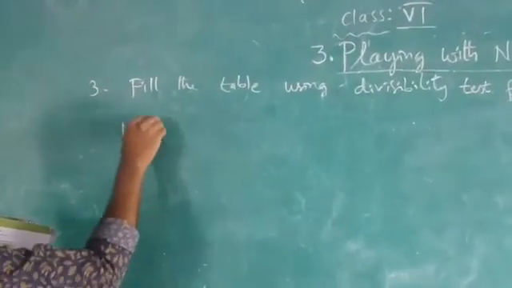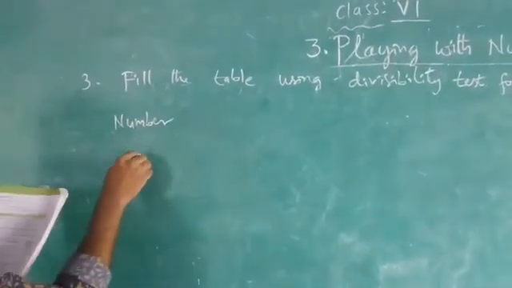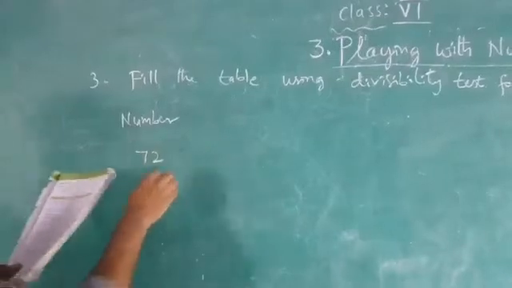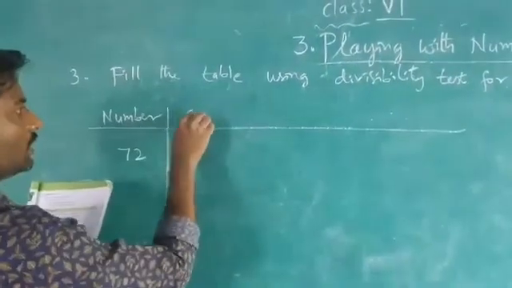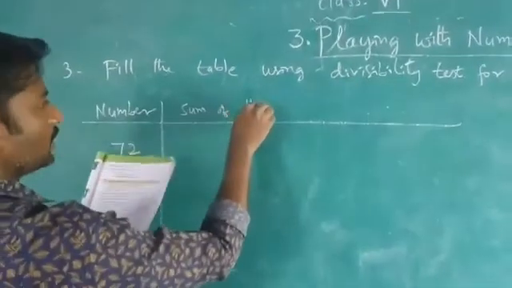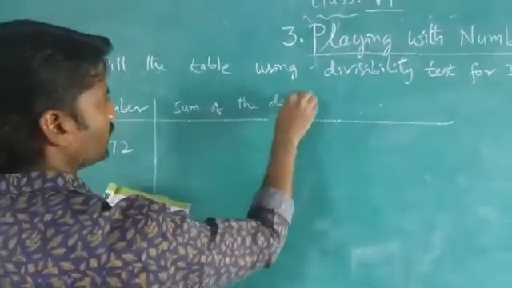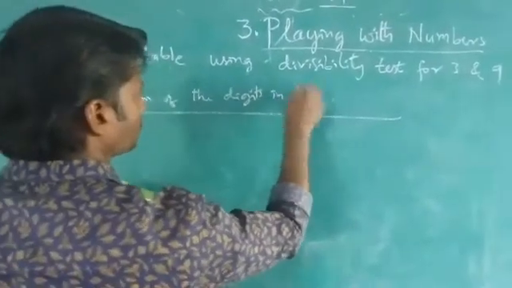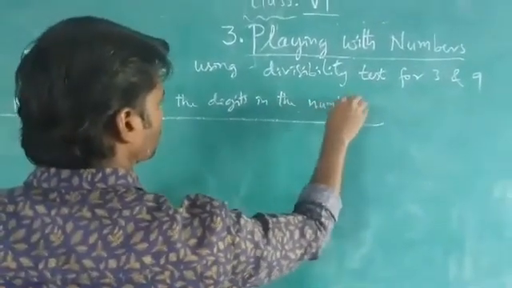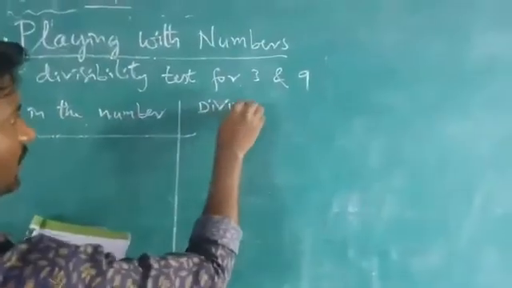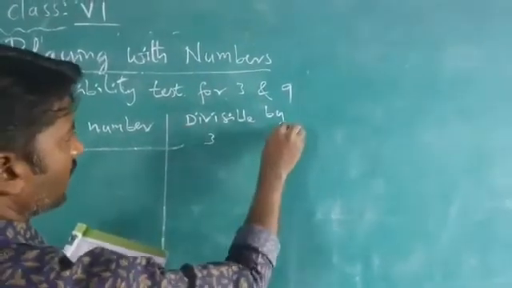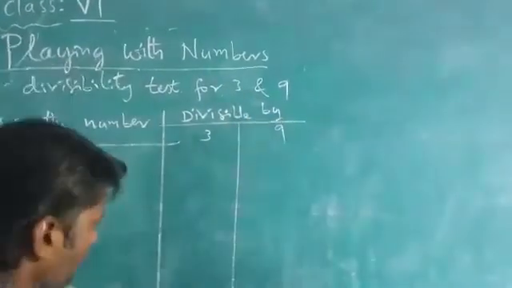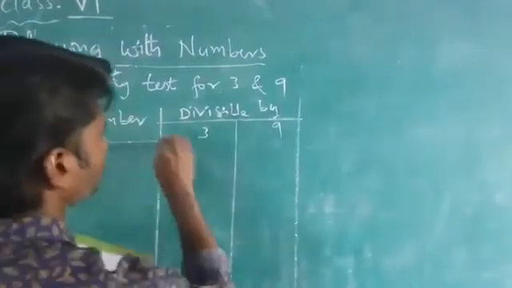He gave the heading, the sum of the digits in the number. And the last column asks, divisible by 3 and 9? If it is yes, write yes. If it is no, write no.